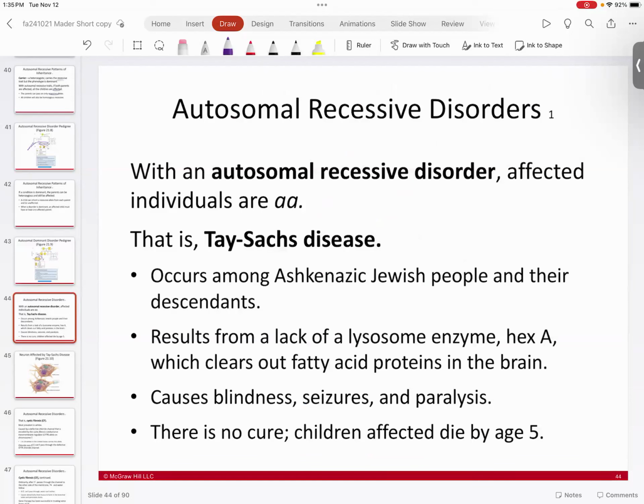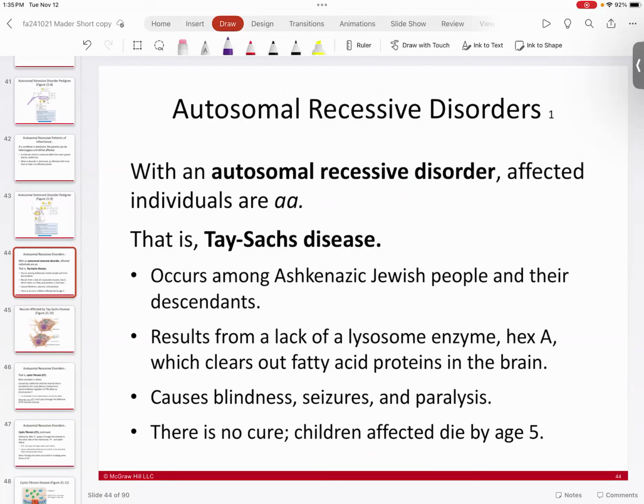So generally, if you have an autosomal recessive disorder, you have homozygous recessive. An example of that would be things like Tay-Sachs disease. This occurs in high frequency among individuals who are part of the Ashkenazi Jewish group, a group of Jewish individuals.